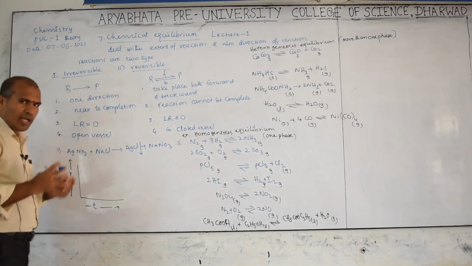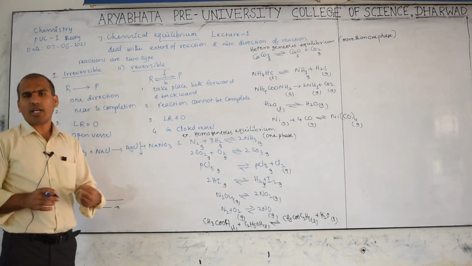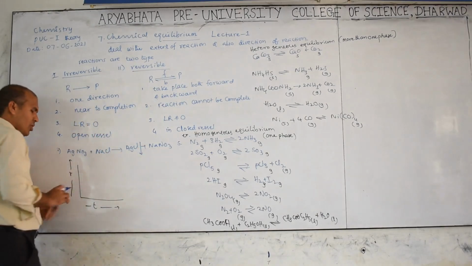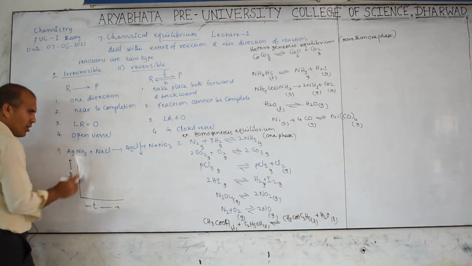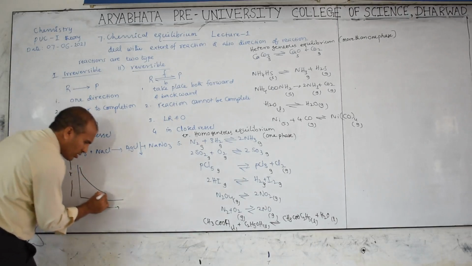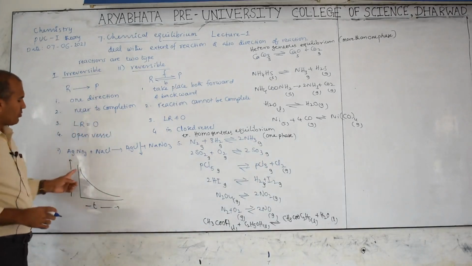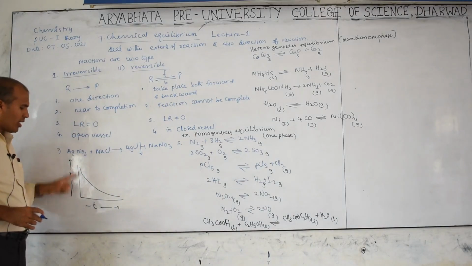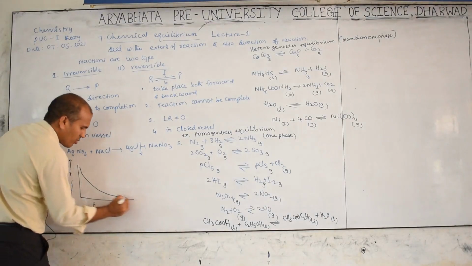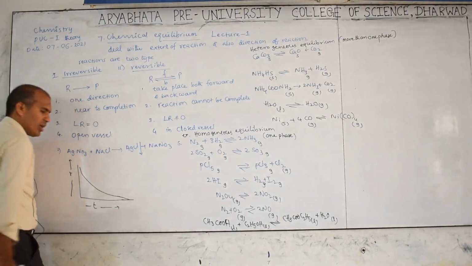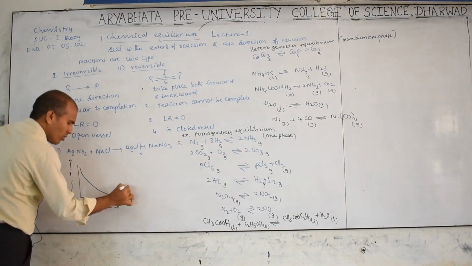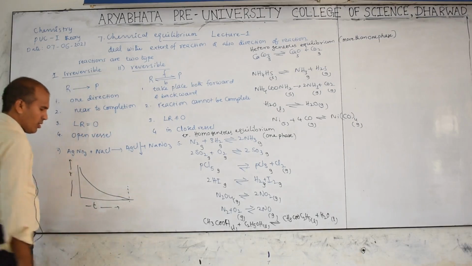Generally, initially reactants are more. After some time, reactant converts into product. So initially products are least or zero. Therefore, initially more reactant means more rate. After some time reactants decrease and the rate decreases. Here more rate, here less rate. It may reach zero after some time when the reactant completely converts into product, because here it may go to 100% completion.